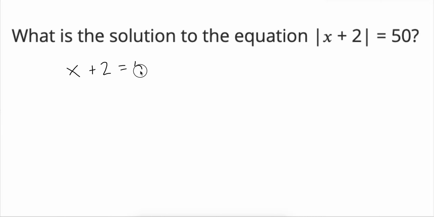X plus 2 could equal 50, or x plus 2 could equal negative 50. Let's solve it. Subtract 2, subtract 2. You can do the same thing.